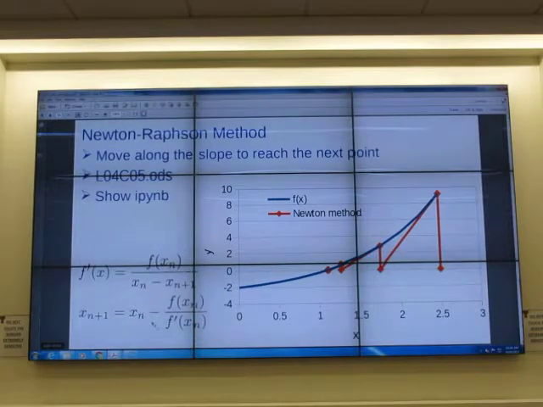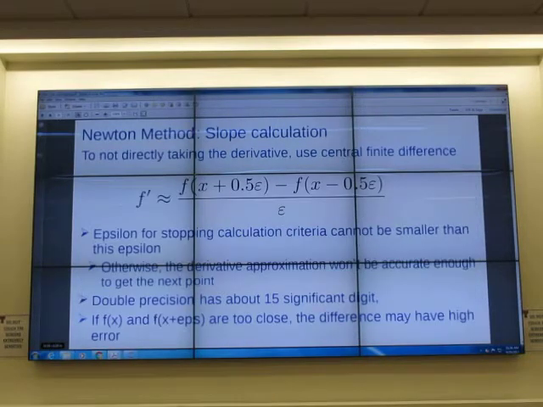For you, you should tell me that we use finite difference, because you studied that already. So we can use the finite difference method: f of x plus 0.5 epsilon minus f of x minus 0.5 epsilon, divided by epsilon. So we can use a finite difference approach to estimate the slope.